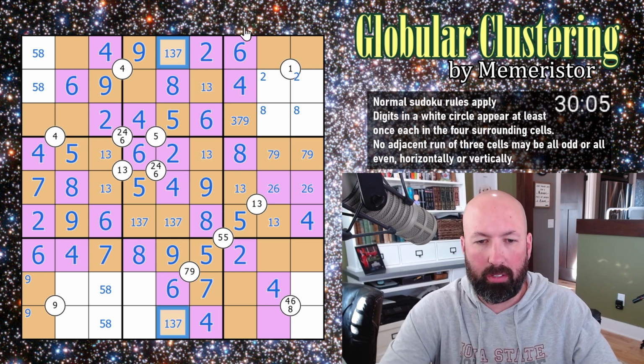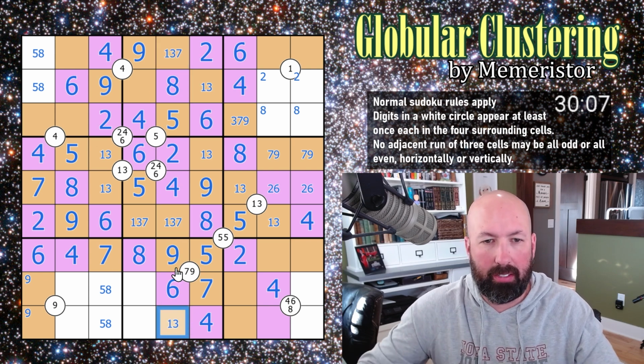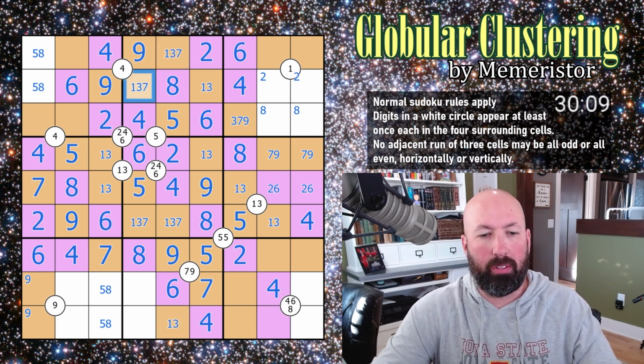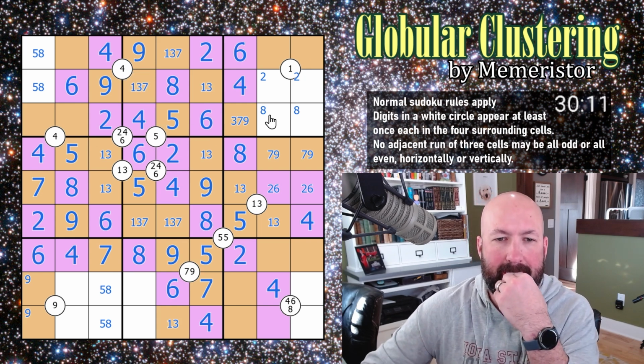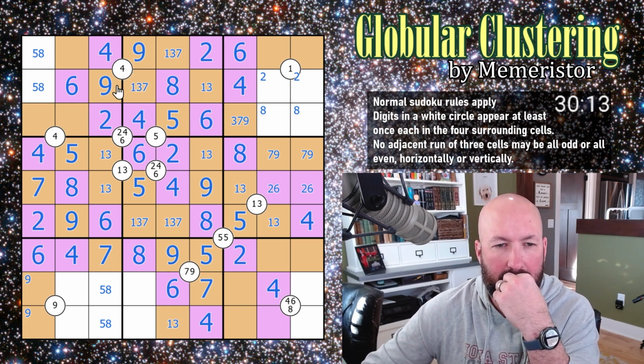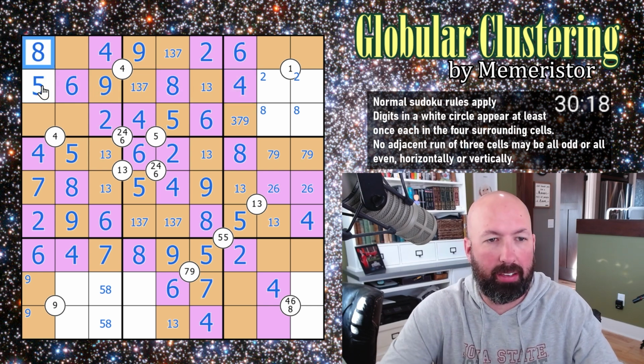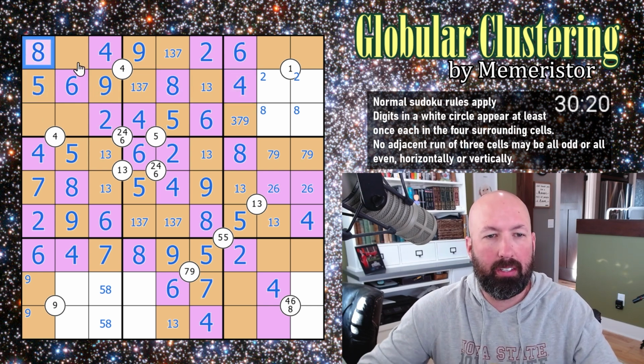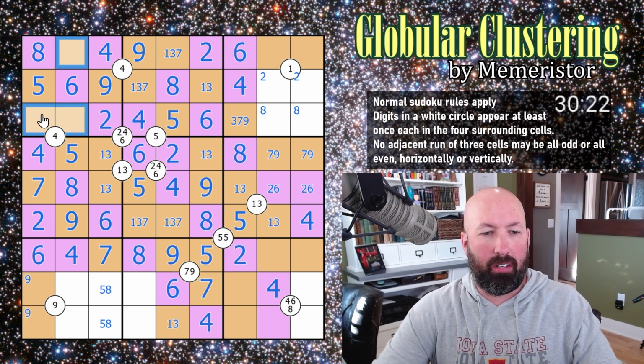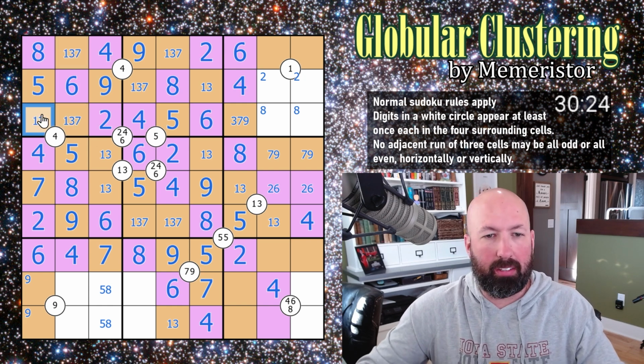These are 1, 3, 7, but this one can't be the 7. This is 1, 3, or 7. 2, 3. Okay, we've already got the 8 there, so this is 5 and 8, odd, even. These are 1, 3, and 7. That one's not the 7.